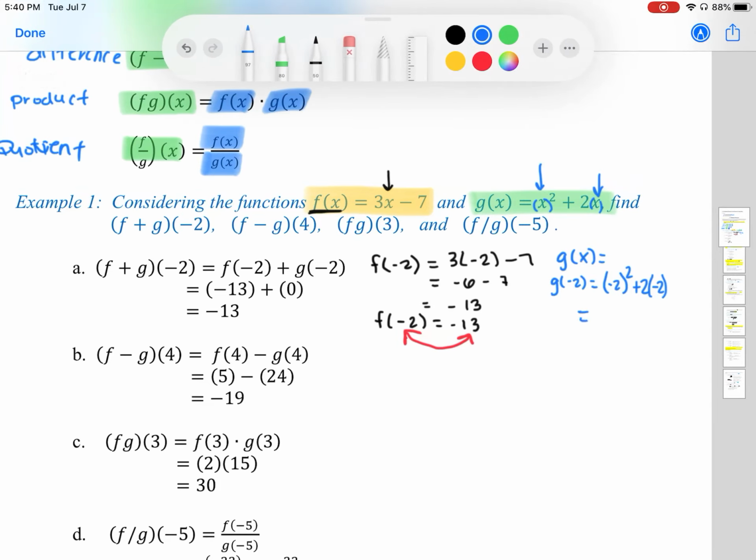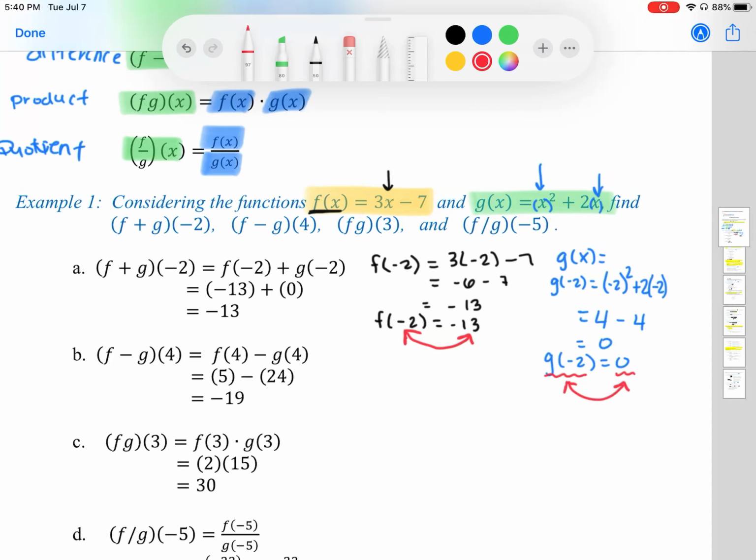All right, negative 2 squared gives me positive 4, and then negative 2 times that positive 2 gives me negative 4. So I have 4 minus 4, we get 0. So g of negative 2 equals 0. And again, I can use g of negative 2 and 0 interchangeably.